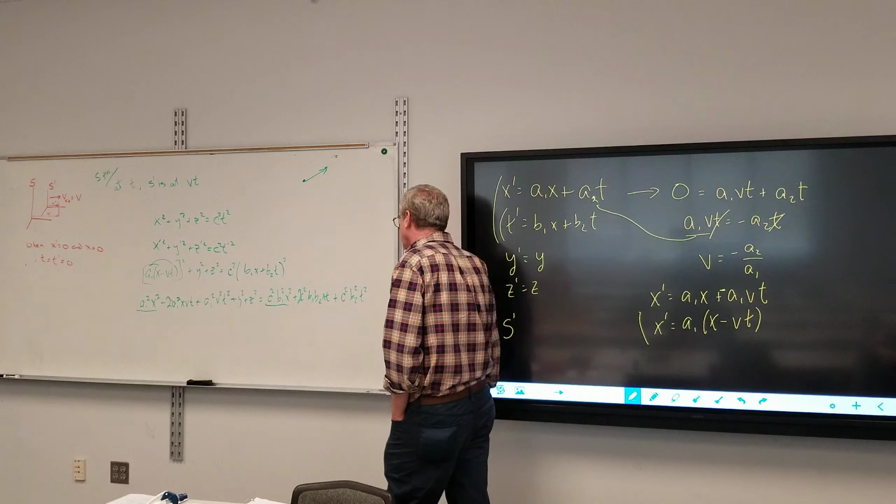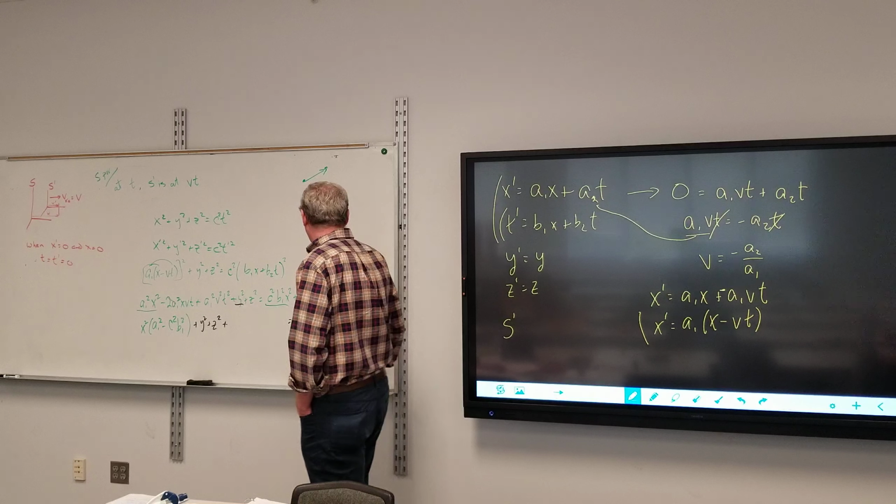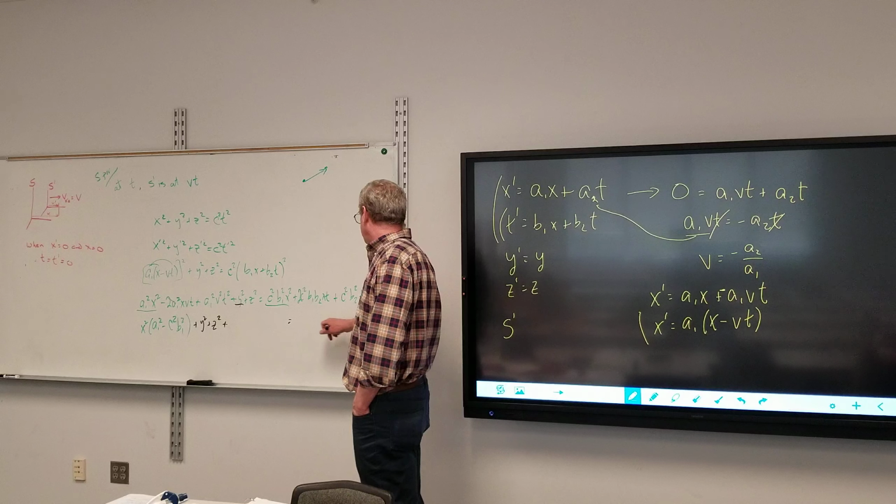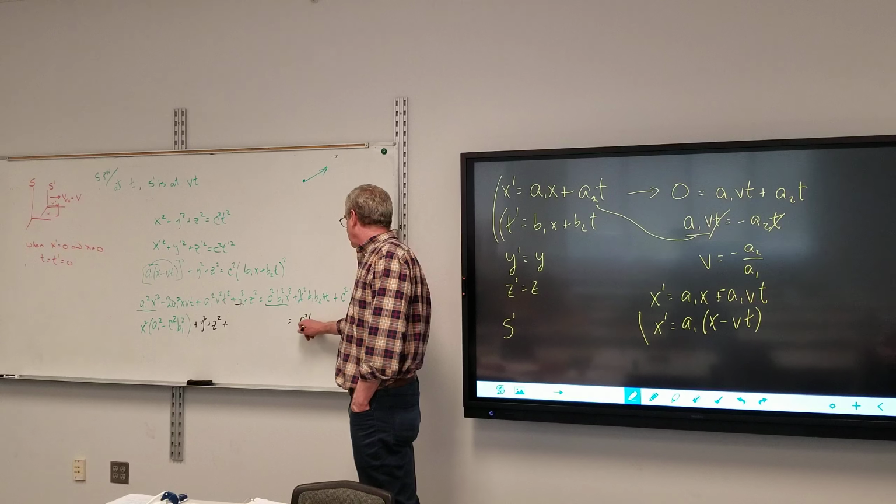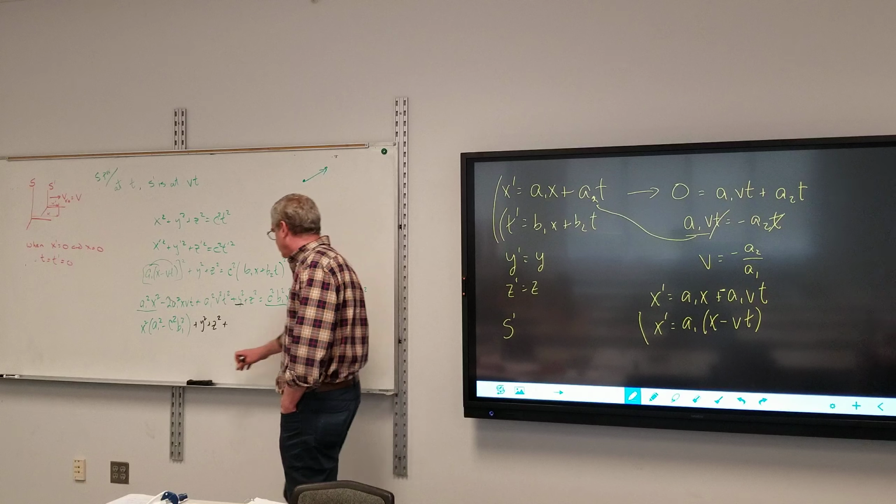And then on this side over here, I want to get my t squared terms. So I've got this one right here. Oh, actually I want my t squared, not the c squared t squared.